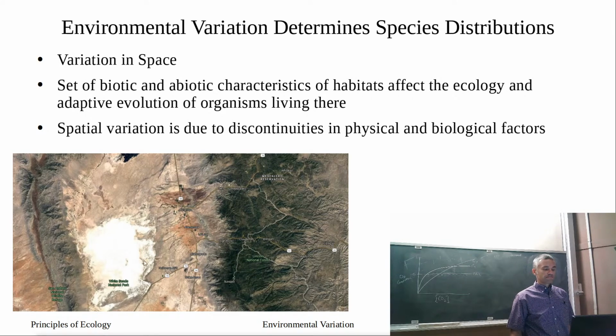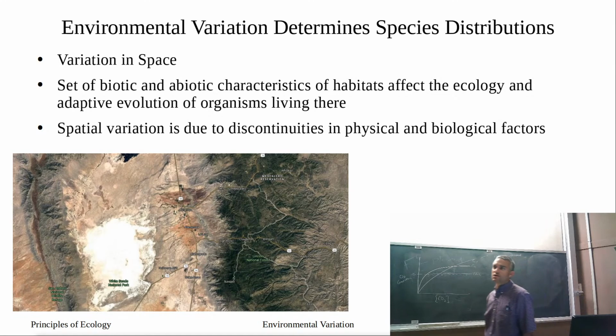Because we have desert, really dry desert here, and then you get up into the mountains where it's green. Where it's green, you have plants growing, you have trees growing there in the Lincoln National Forest. Some places you can get snow up on the mountaintops. This is variation.